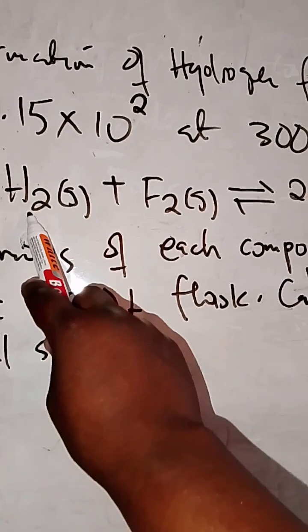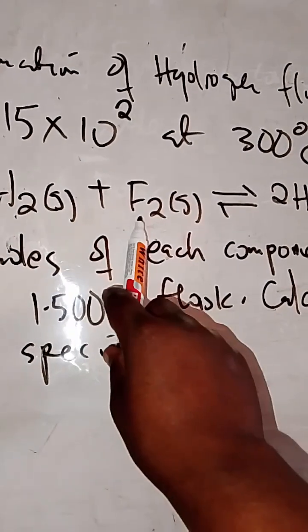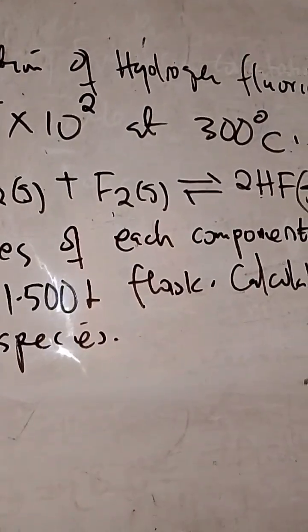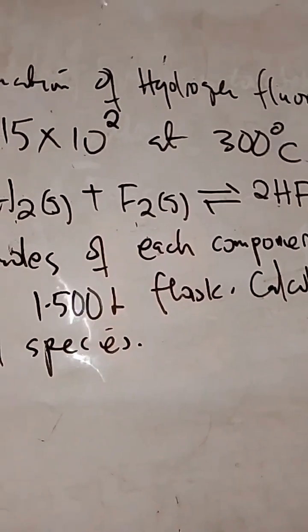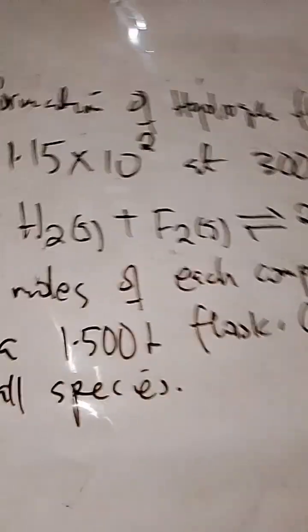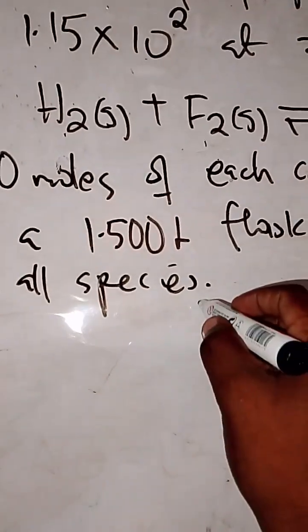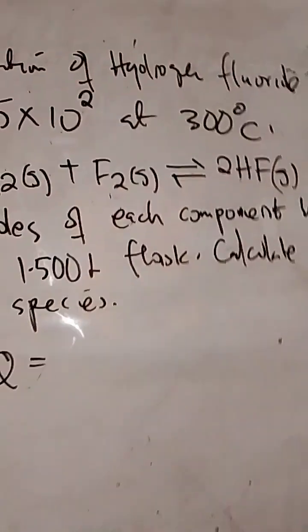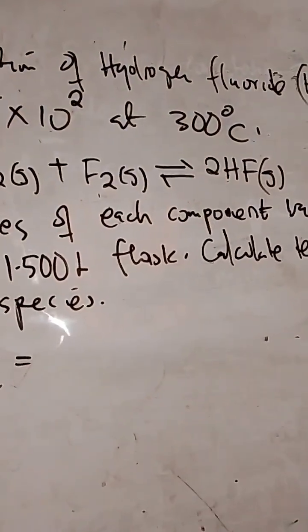So we have 3 moles of hydrogen, 3 moles of fluorine, and 3 moles of hydrogen fluoride added to a 1.500 liter flask. Okay, so now we can calculate Q to know in which direction the reaction will proceed.